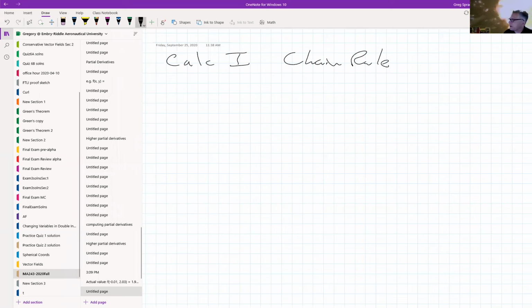Now, we have two notations for the chain rule, the functional notation and the dy dx notation. I think it's the Leibniz notation. In this class, the less confusing notation to use is the Leibniz notation. So I'll go over the Calc 1 chain rule with that notation.